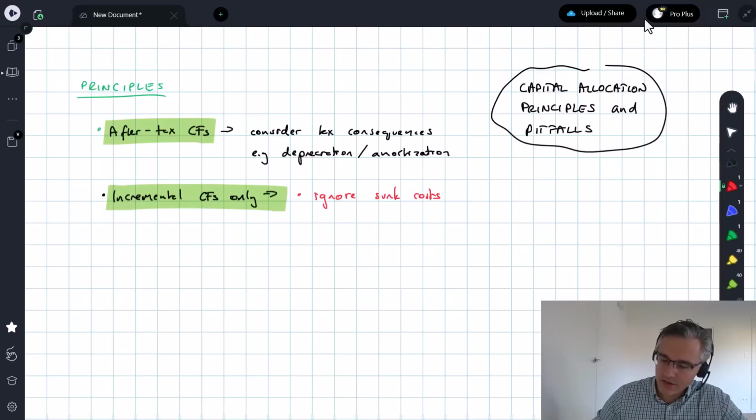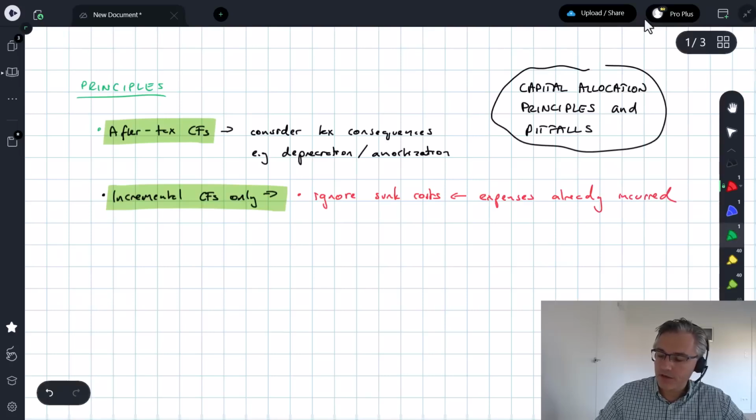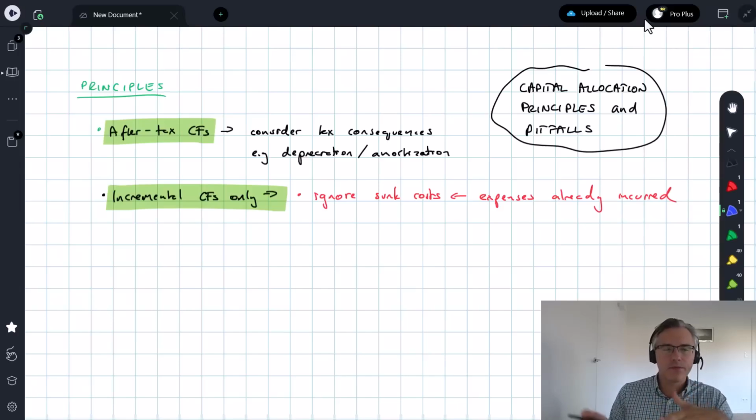These are costs or expenses that have already been incurred, because if you've already spent the money, taking the project on or not is not going to change the fact that cost has been spent. We only care about the stuff that can happen or not from this point in time.